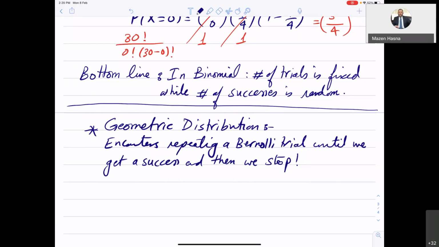Also, I can tell you, go and flip a coin until you get a head. So one of you comes back to me and says, okay, on my first try, I got a head, so I stopped. Another person might need 5 tries until he gets a head. Probably a third one will go and never come back because he keeps flipping it. He gets tail, tail, tail, tail. In theory, this might go to infinity, right?